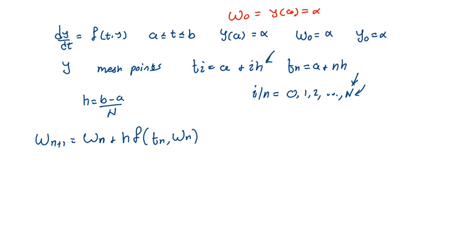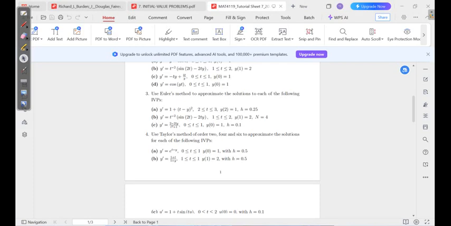Perhaps we can look at one of the questions. Let's look at question 3a. We are given y prime. We are trying to use Euler's method to approximate the solution to y prime equals 1 plus (t minus y) squared.